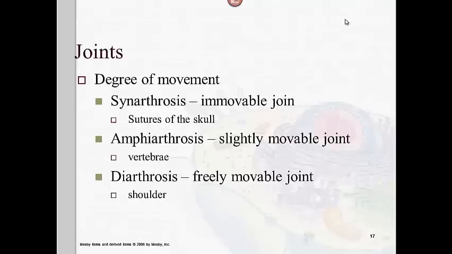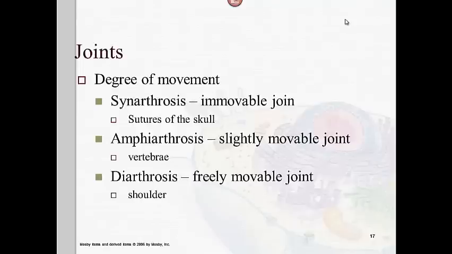This is very important, and you need to know the degrees of movement of the joints. There's synarthrosis, amphiarthrosis, and diarthrosis. What is synarthrosis? Synarthrosis is an immovable joint. There is no movement capacity whatsoever.